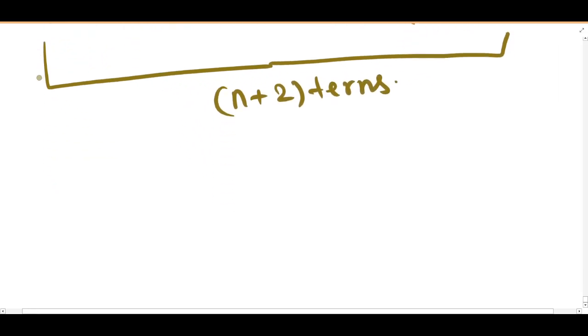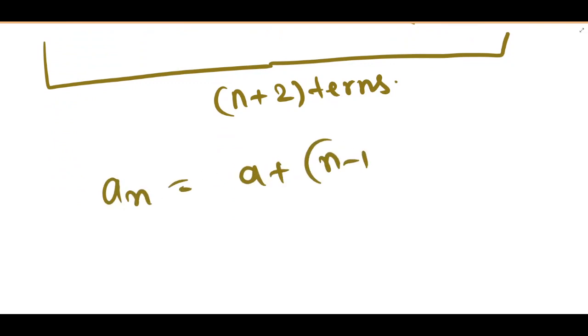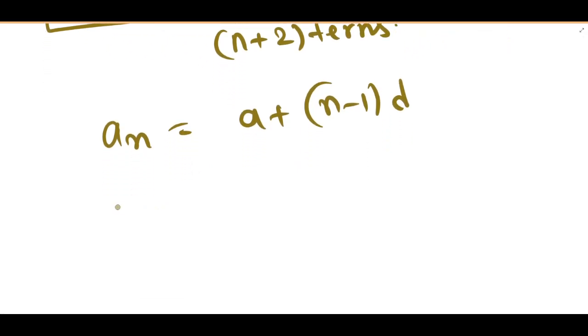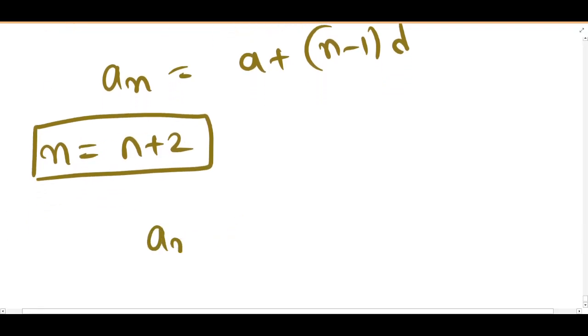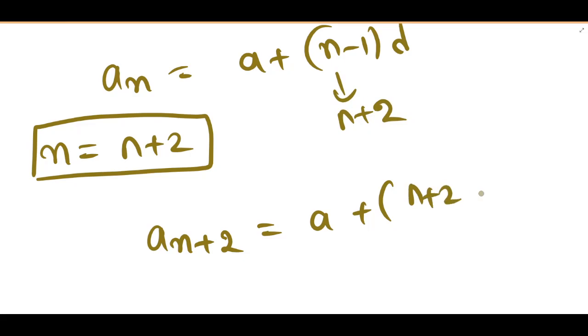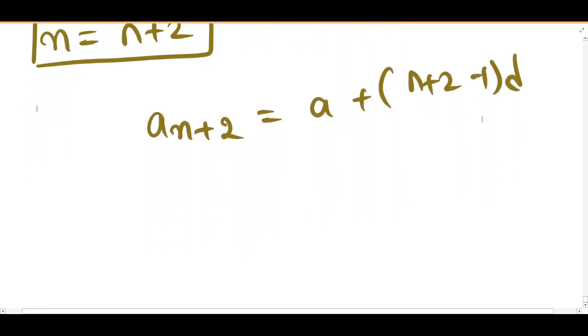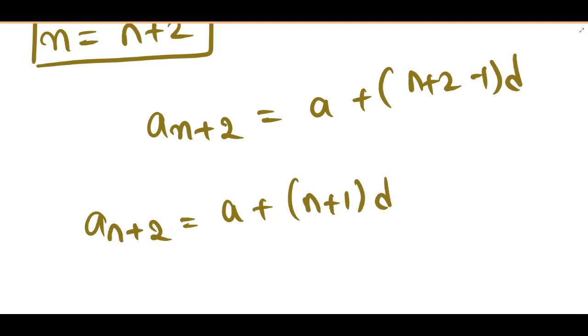From the definition of AP, the nth term is a plus (n minus 1)d, where n is equal to n plus 2. So we get a(n+2) is equal to a plus (n plus 2 minus 1)d, that is a plus (n plus 1)d. The (n plus 2)th term is b, so b is equal to a plus (n plus 1)d.